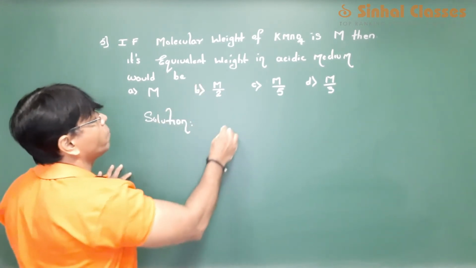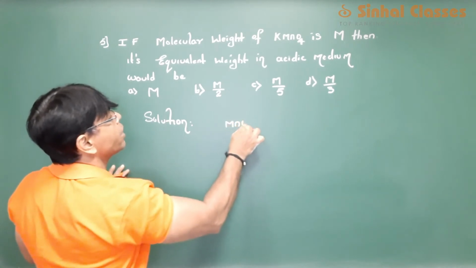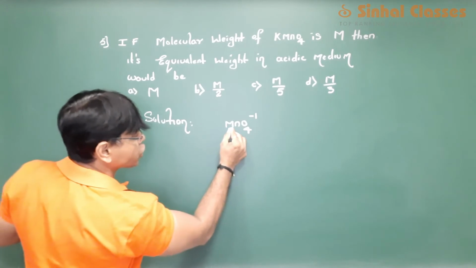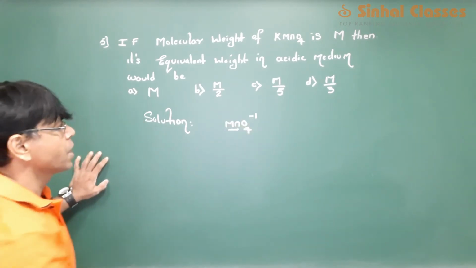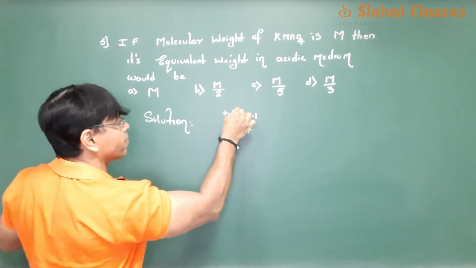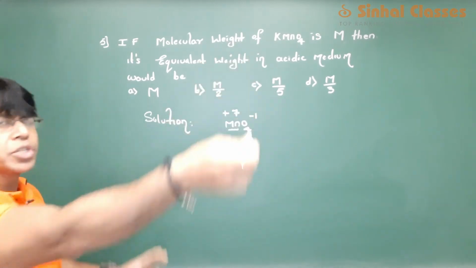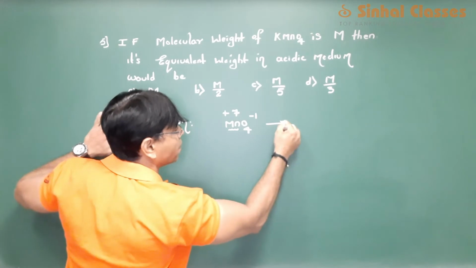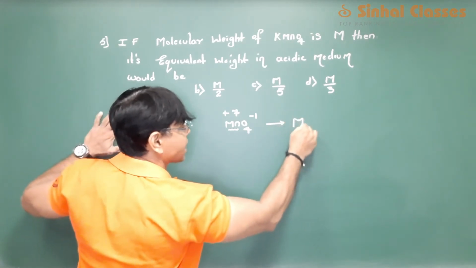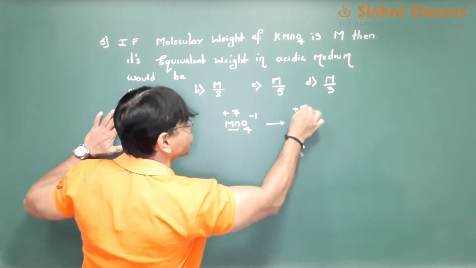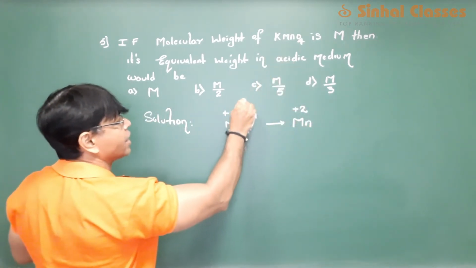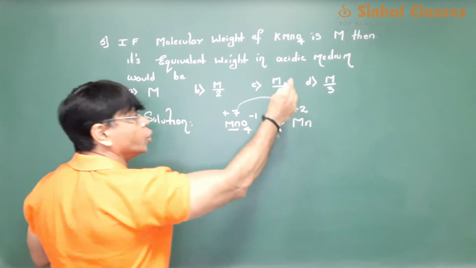We all know in MnO4 minus 1, the oxidation state of Mn is +7. In acidic medium, from +7 it changes to +2.